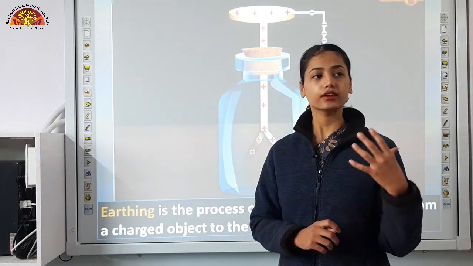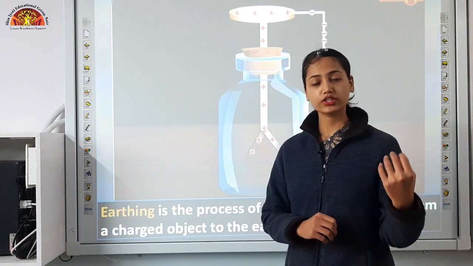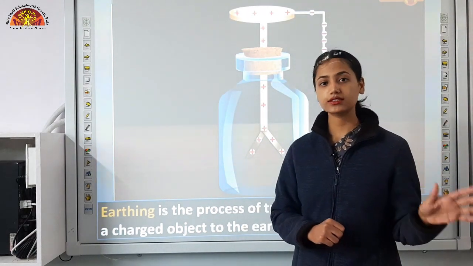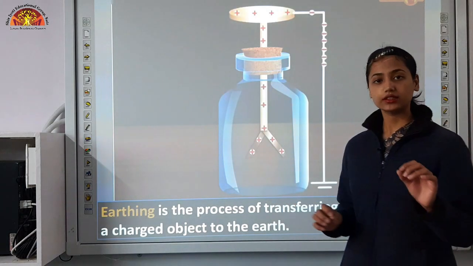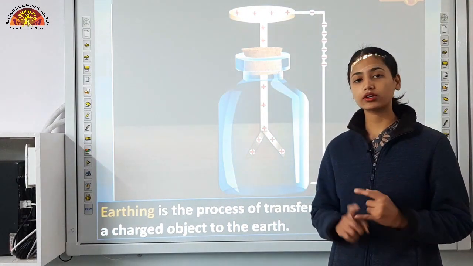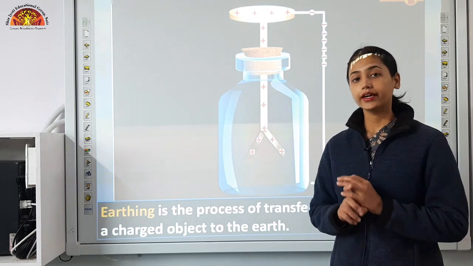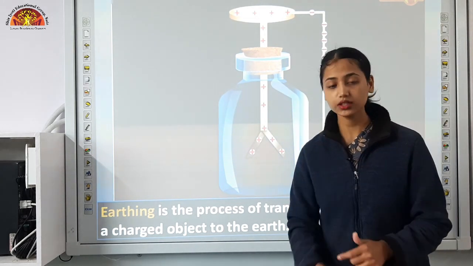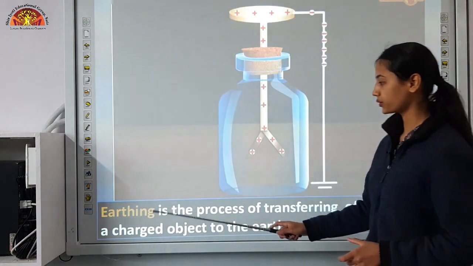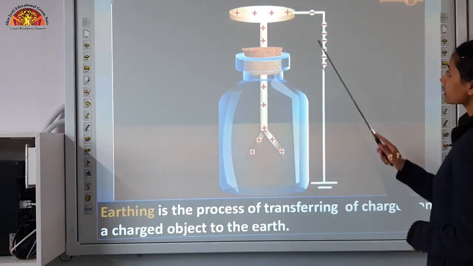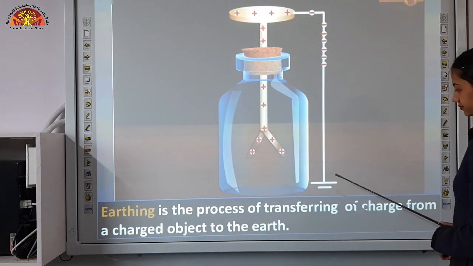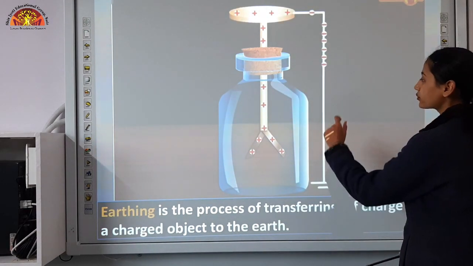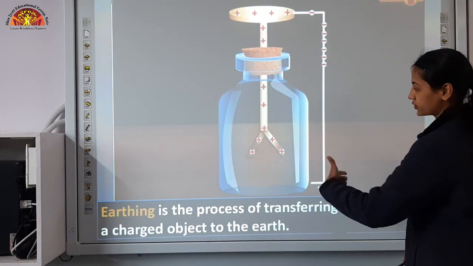There are very few free charges by which we might get a shock. To avoid that situation, we add an earthing wire in our socket. And what is the role of that earthing wire? It transfers the free charges to the ground, to the earth, and that process is known as earthing. Here you can see this is the earthing wire which is going to the earth. So this wire will carry all those charges.